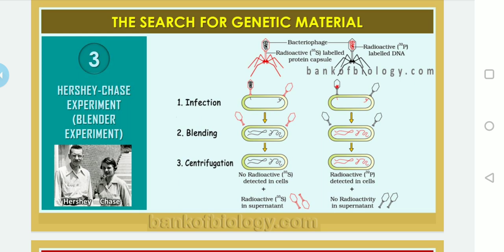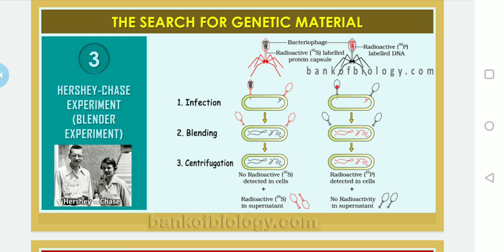The second stage is the blending: the viral coats were separated from the bacterial surface by agitating them in a blender. The last stage is centrifugation: the virus particles were separated from the bacteria by spinning them in a centrifuge machine.